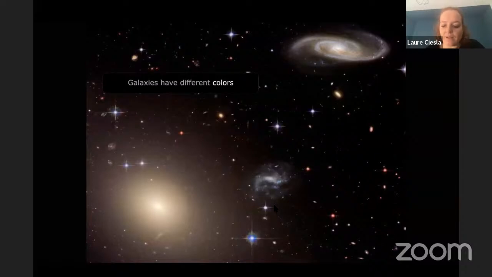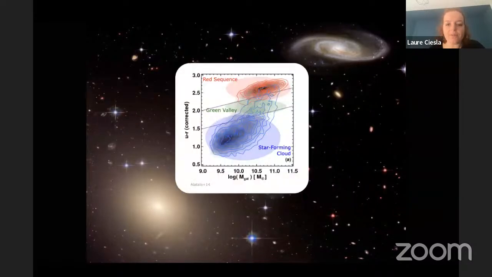And you can classify them by colors, like here in this color diagram. This is just a difference between the U-band image and the R-band image, and on the x-axis you have the mass of your galaxy. What you can see is that galaxies are distributed mainly into two big regions.